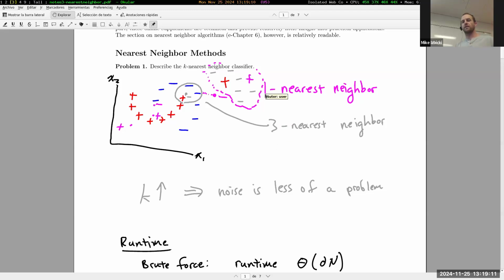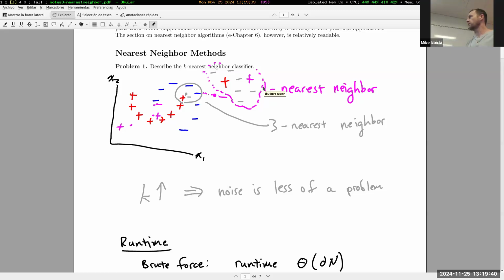And one of the things that we talked about is if you have one nearest neighbor, you're very sensitive to noise. If you have some sort of outlier data point, like this pink magenta plus that I drew right here, all of these points over here should be gray, is what we were talking about before. This area should be negative, but if you have an outlier data point, the one nearest neighbor is going to make all of this stuff over here be labeled as positive instead of negative.